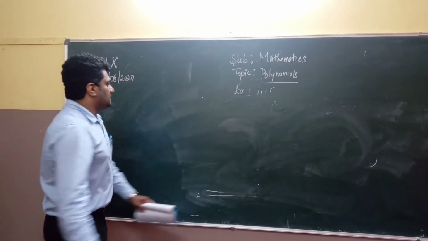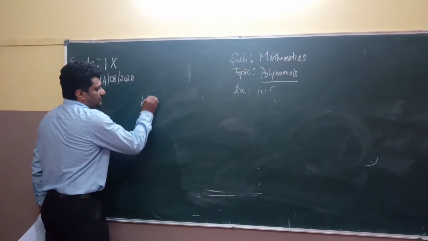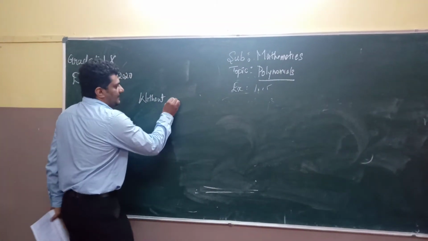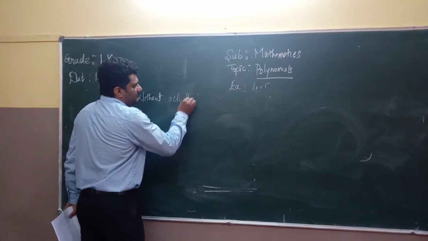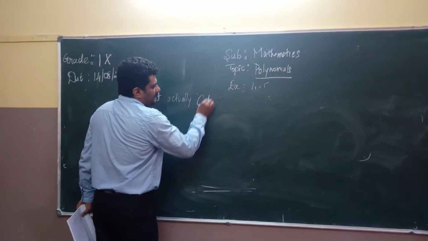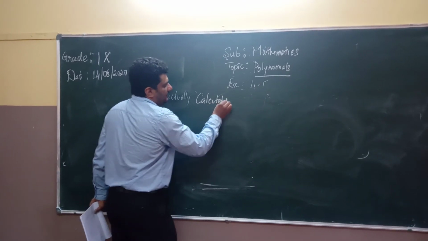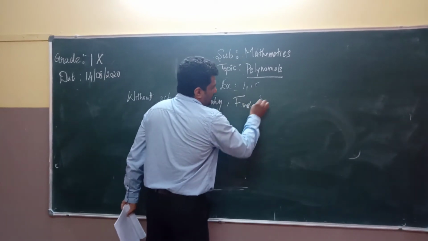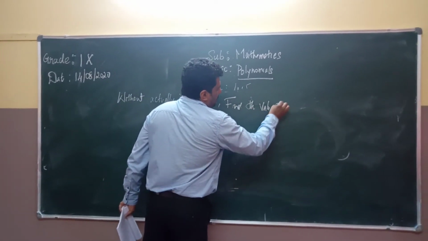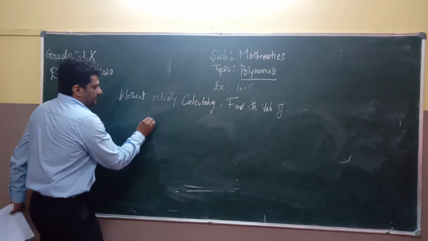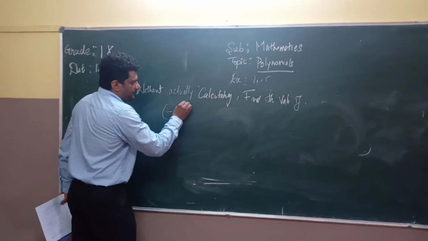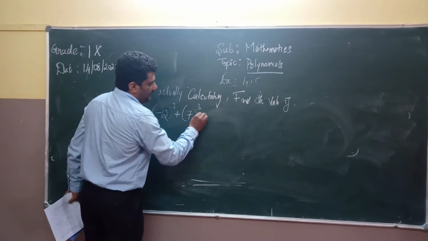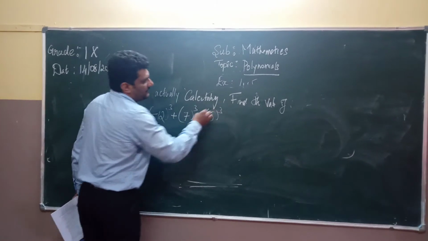Because the next question is: without actually calculating, find the value of minus 12 to the power of 3 plus 7 to the power of 3 plus 5 to the power of 3.